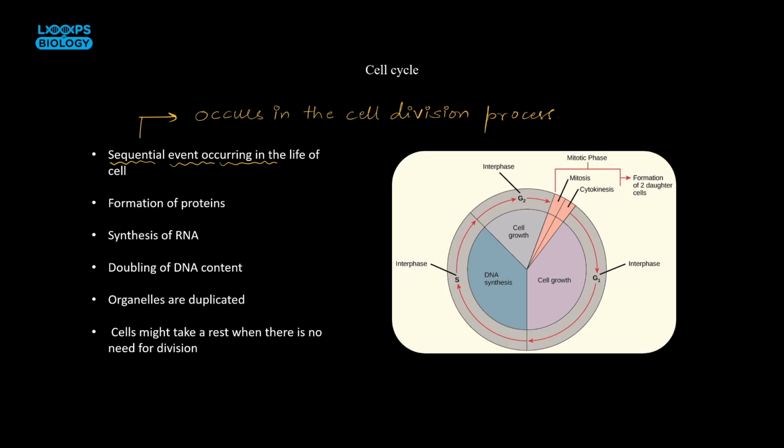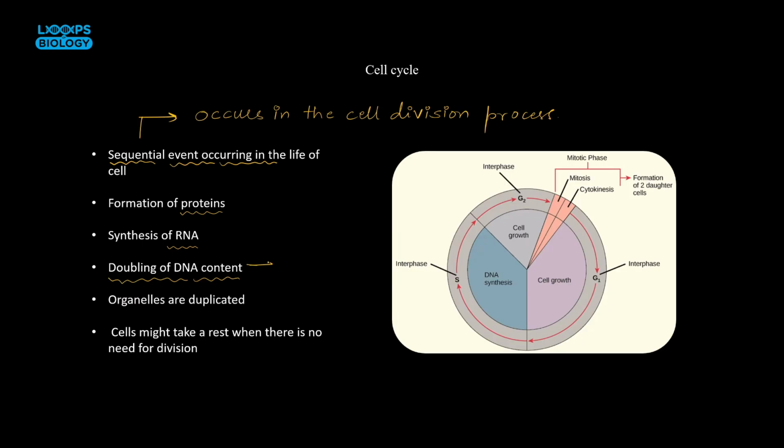If the cell has to divide, it has to generate some of the proteins which are required. The proteins are basically coming from the RNA, and there should be a doubling of DNA content. Now, why does the DNA content have to get doubled?